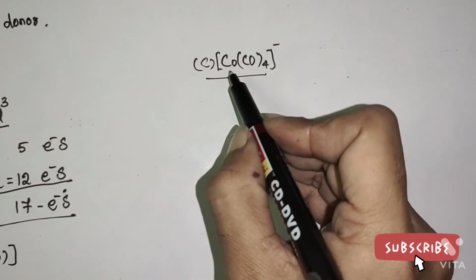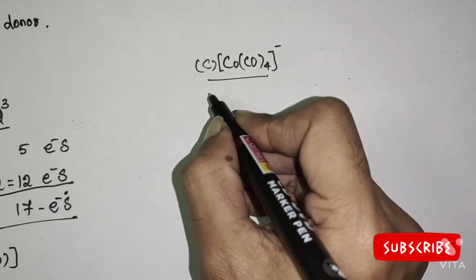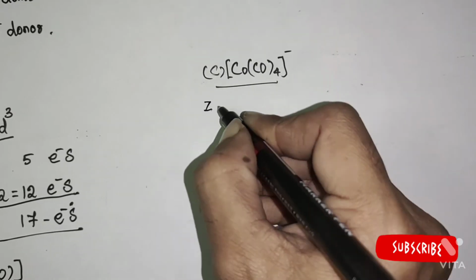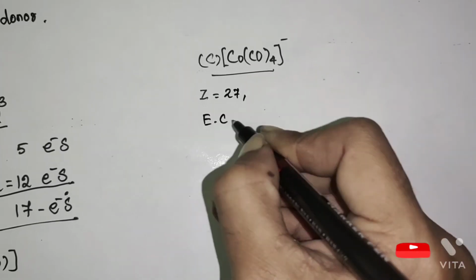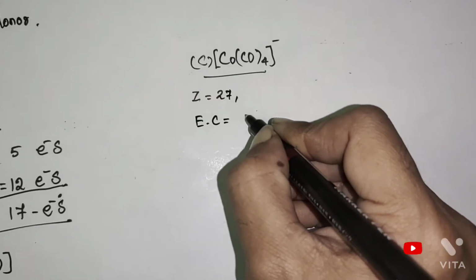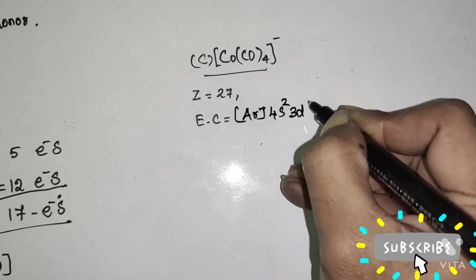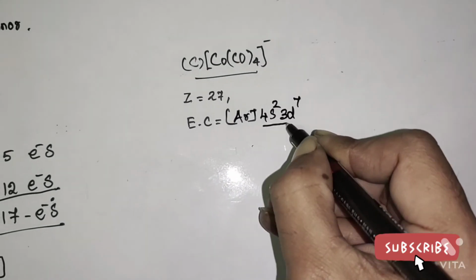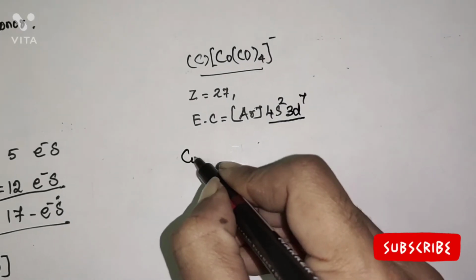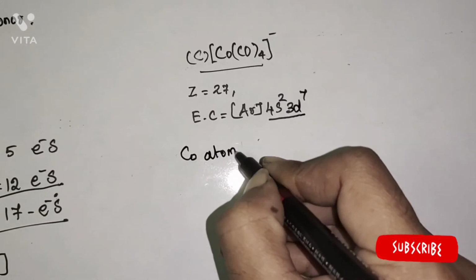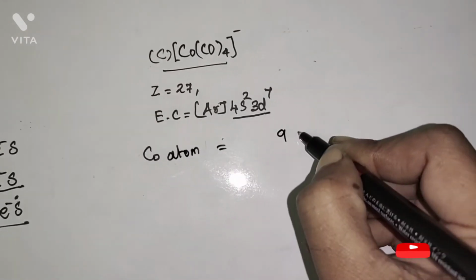Next compound is Co(CO)4 minus. The atomic number of cobalt is 27. The electronic configuration of cobalt is argon 4s2 3d7, so 9 electrons are present in the outermost orbitals. The cobalt atom has 9 electrons.